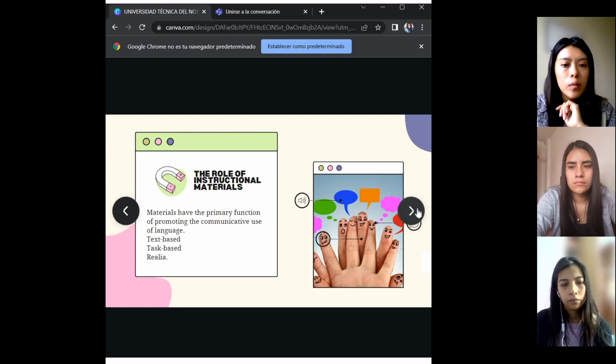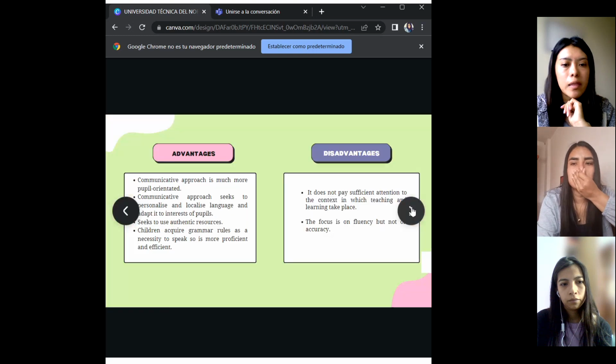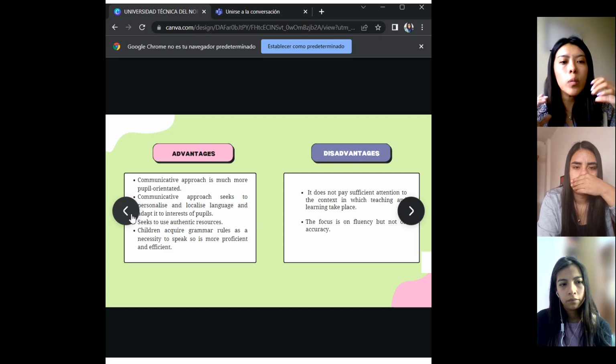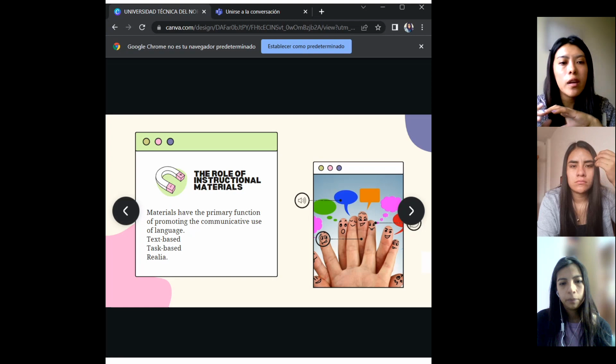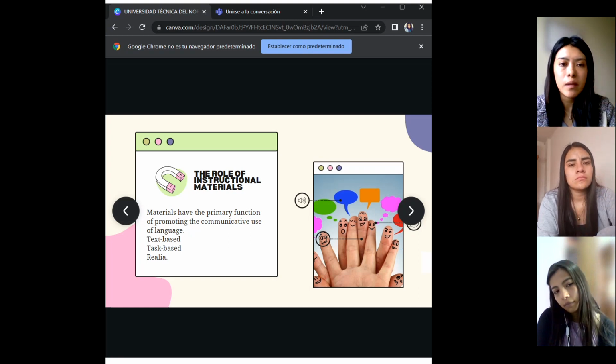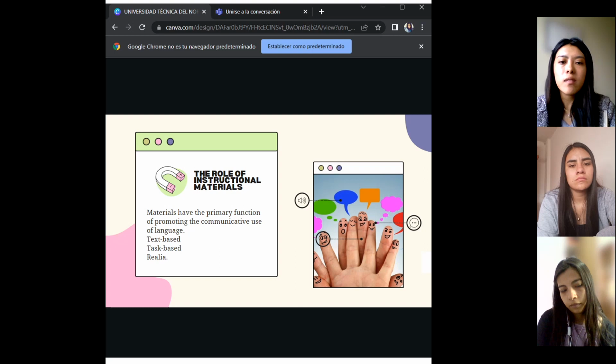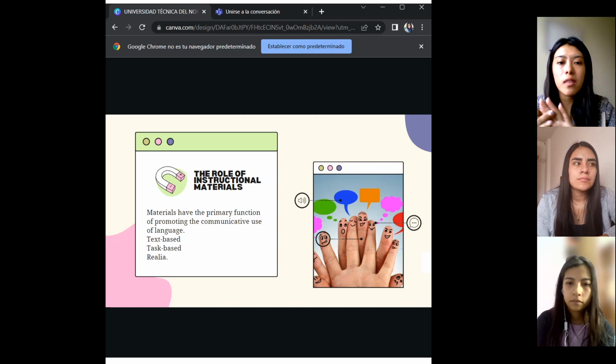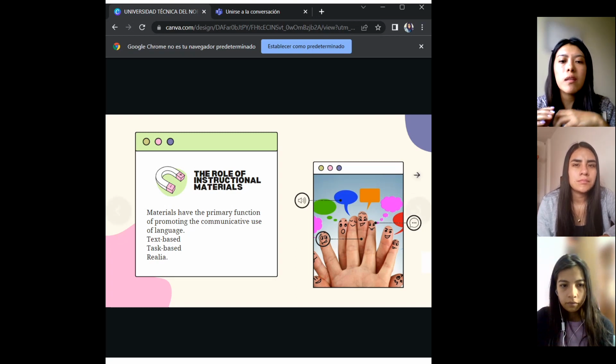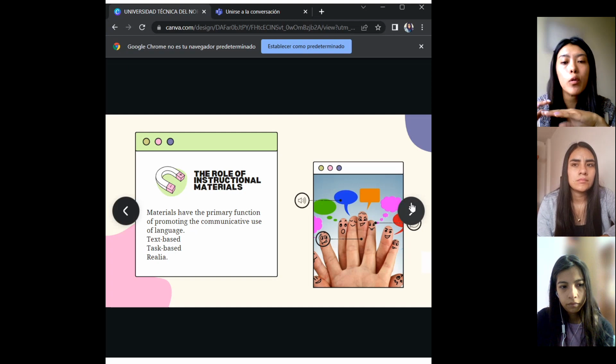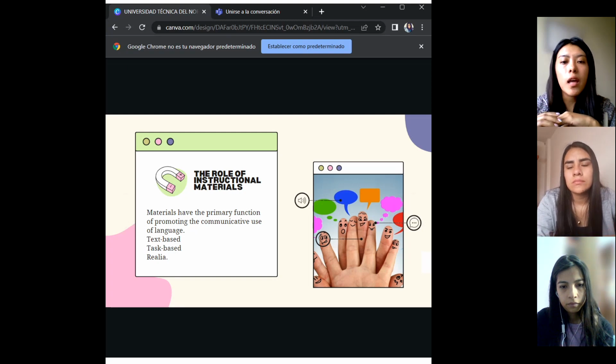Okay, so the text-based: there are numerous textbooks designed to direct and support CLT. And task-based materials: a variety of games, role-plays, simulations, and task-based communication activities have been prepared to support CLT classes, and they are in the form of exercise handbooks, activity cards, and interaction booklets.